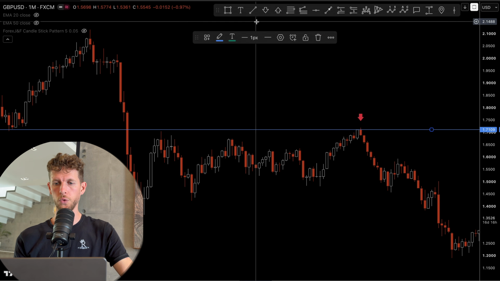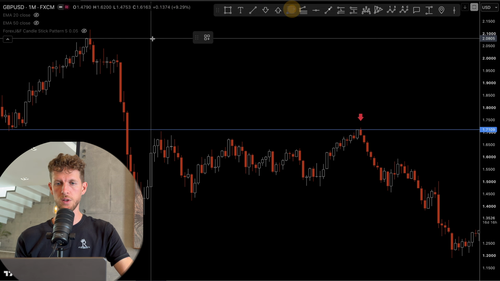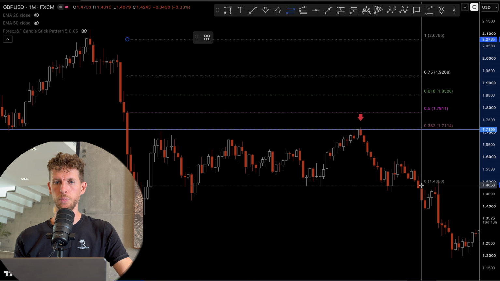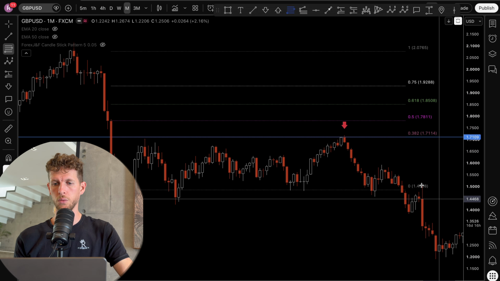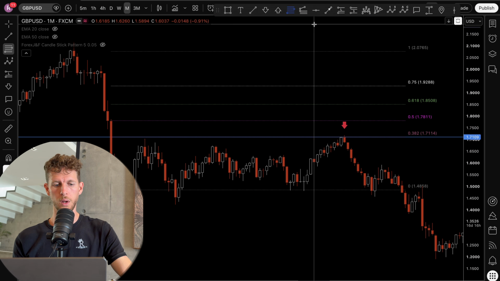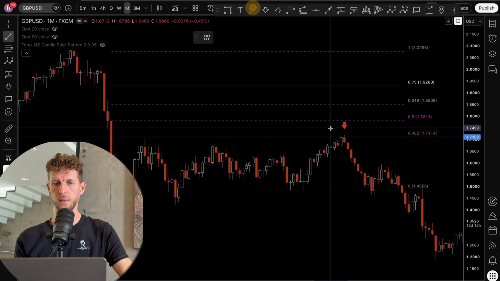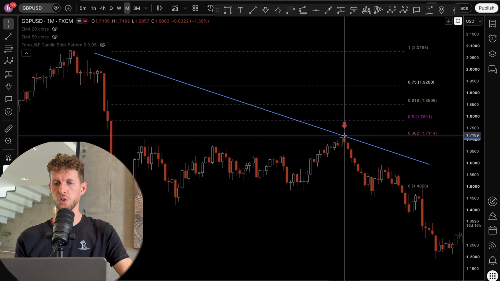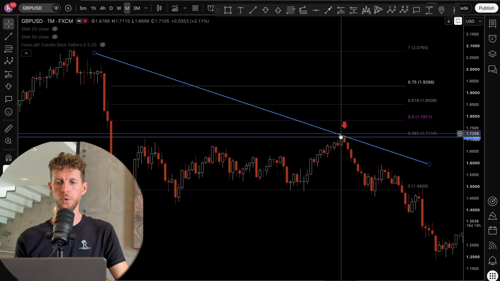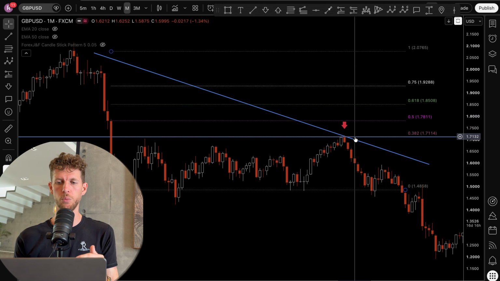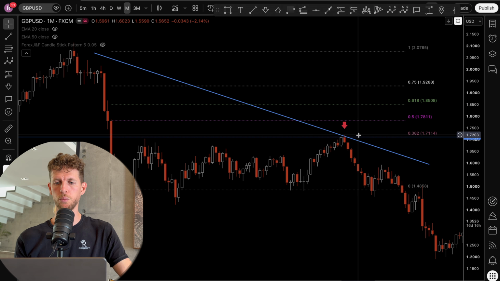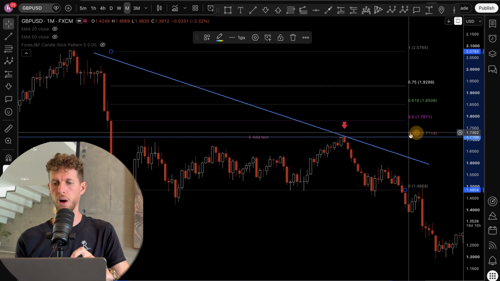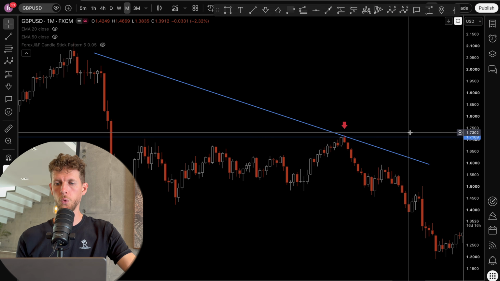If you stack the confluence like that, and for example a Fibonacci retracement worked out as well, and maybe there was a trend here as well, if all the confluence stacks on top of each other like that, then it really strengthens that inside bar a lot.